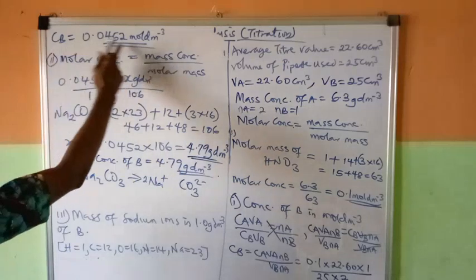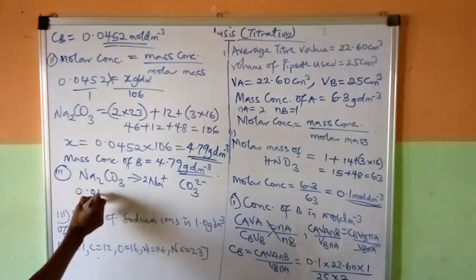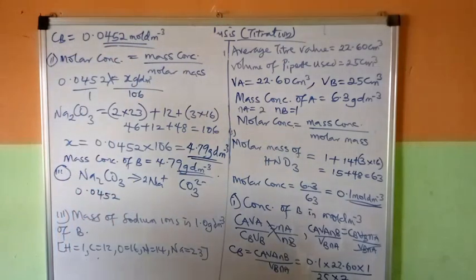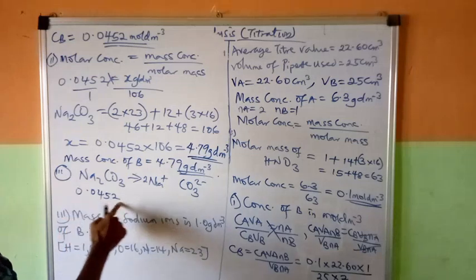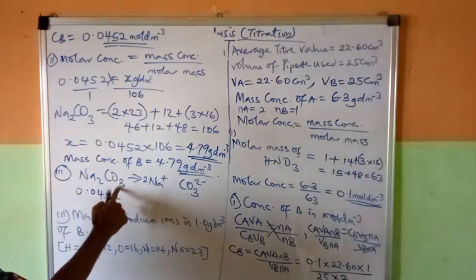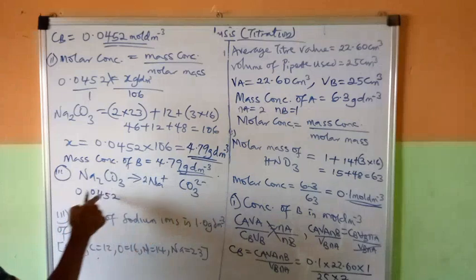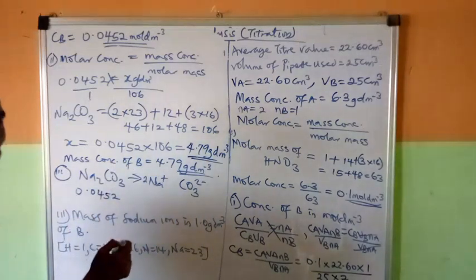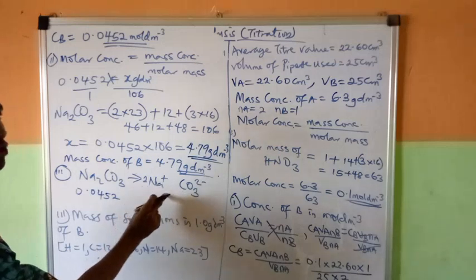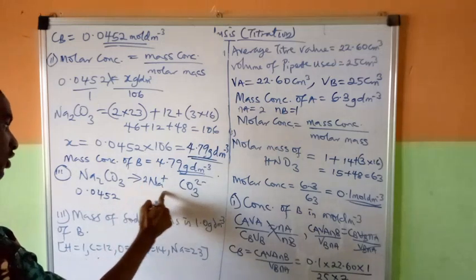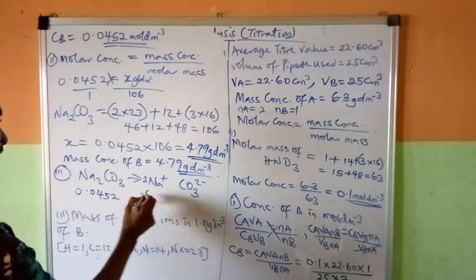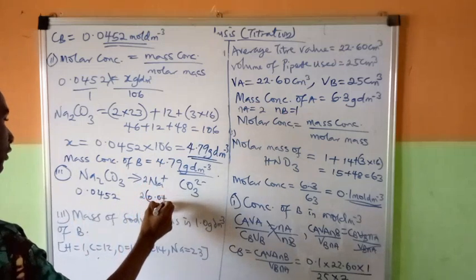And what was the molar concentration of B? It was 0.0452 mole per dm cube. Alright? So all I need to do, this is the molar concentration of this compound. If I ionize it, each ion will also have this same concentration. But because there are 2 moles of sodium here, the concentration of this will be 2 into bracket 0.0452.